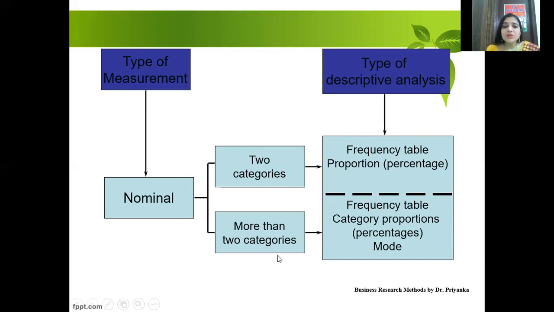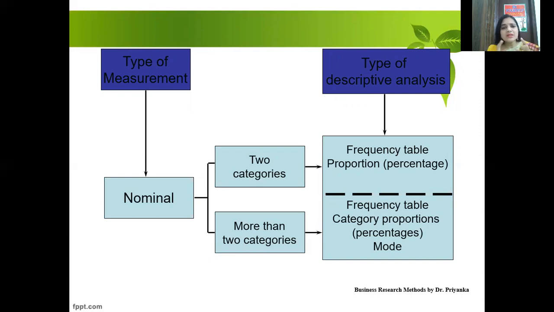If you get more than two categories, for example, an age category. You want to check what kind of perspective different age groups of people have. For example, you have got three categories, or 3, 4, 5, any number more than two.